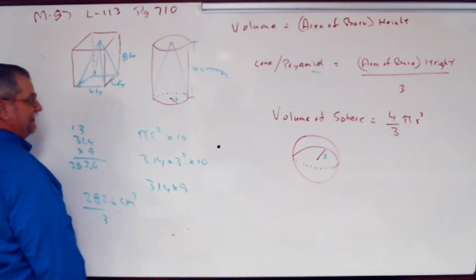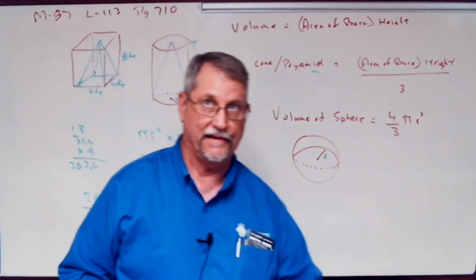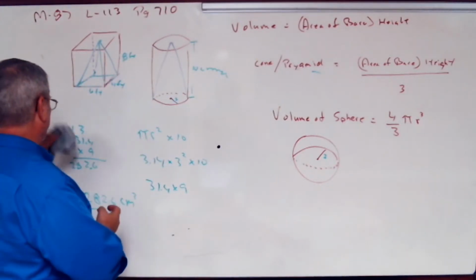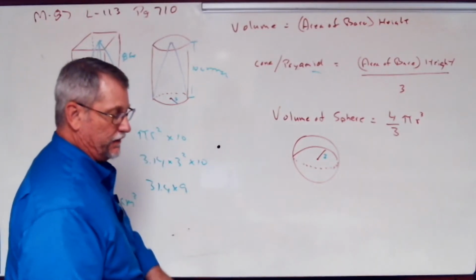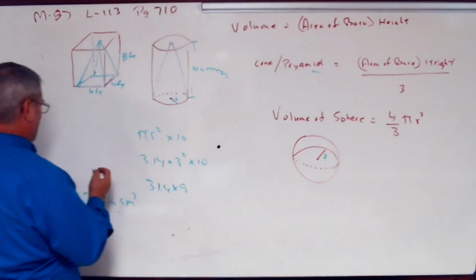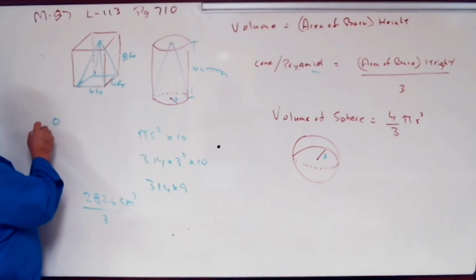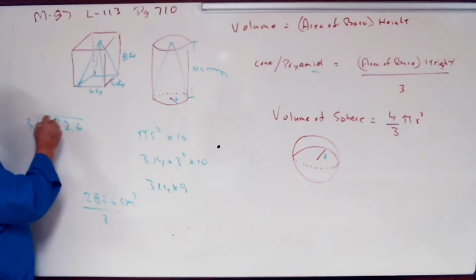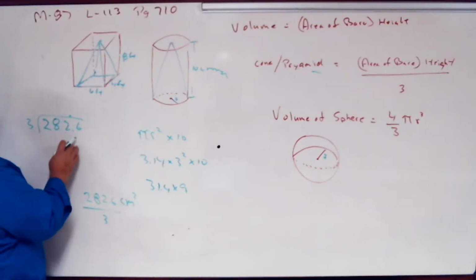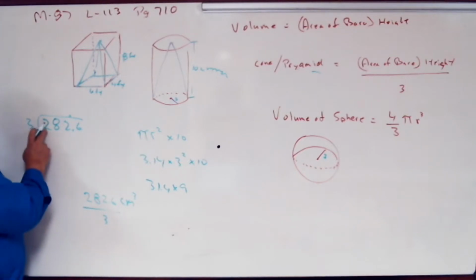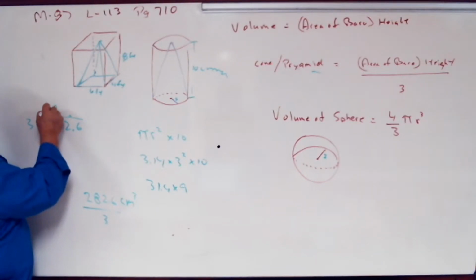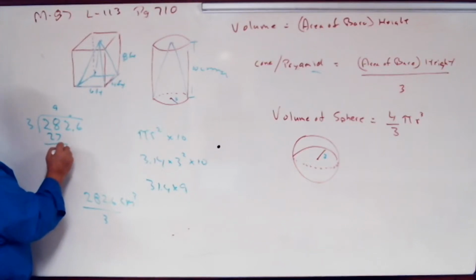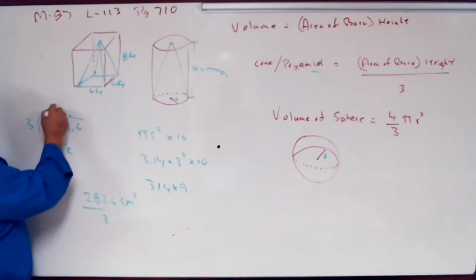All right? Let's just do it real fast. We got 282.6 divided by 3. Bring the decimal up. 3 into 28, 9, 27, subtract, 1. Bring down the 2, 12. 3 goes into 12 4 times.